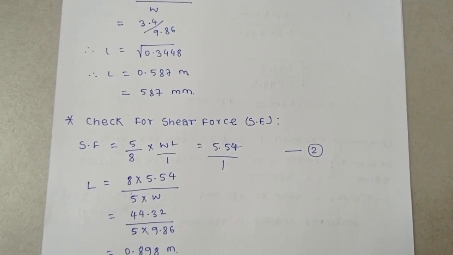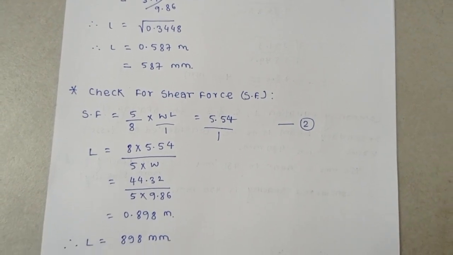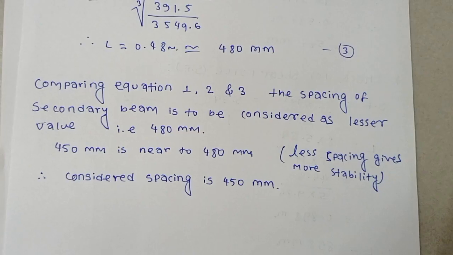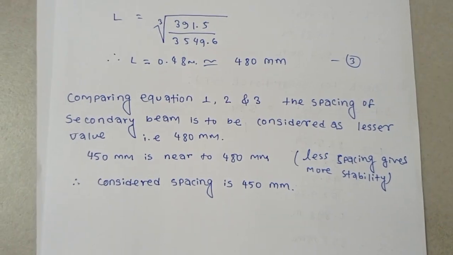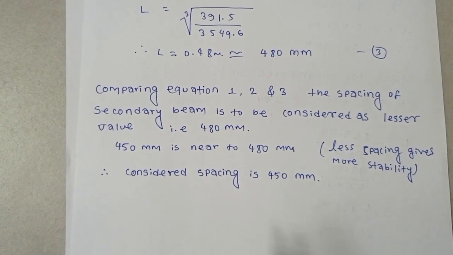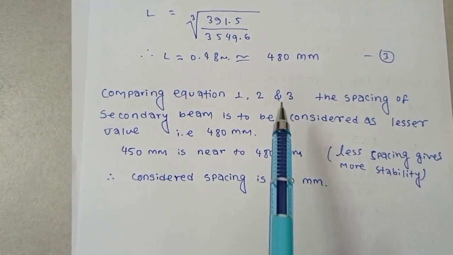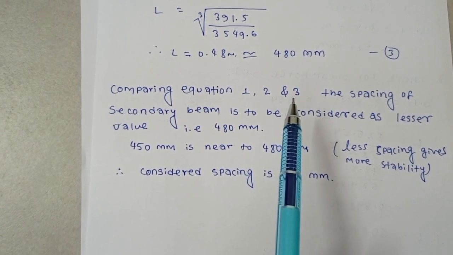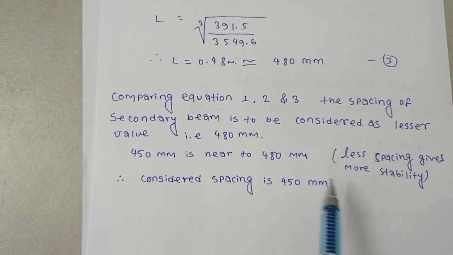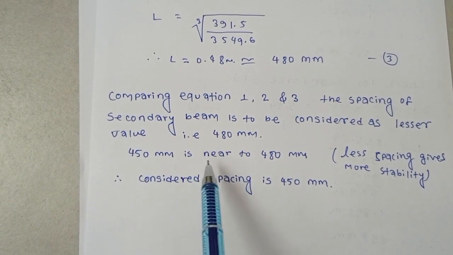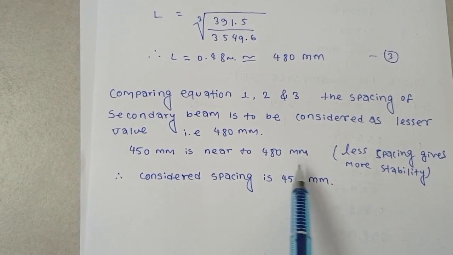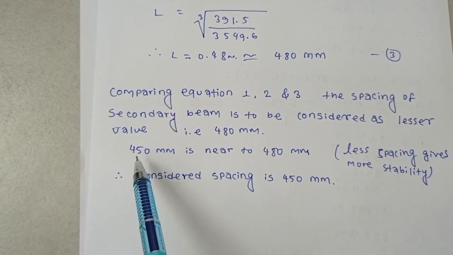This is the lesser value out of the 3 equations. Now 450 mm is near to 480 mm, right? So we have considered 450 mm.